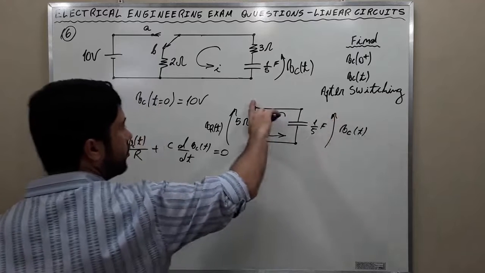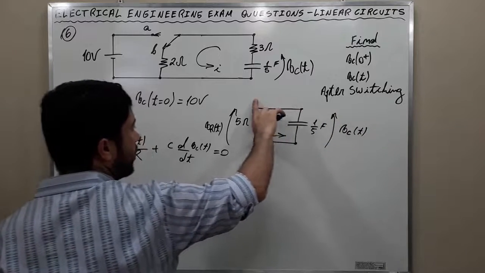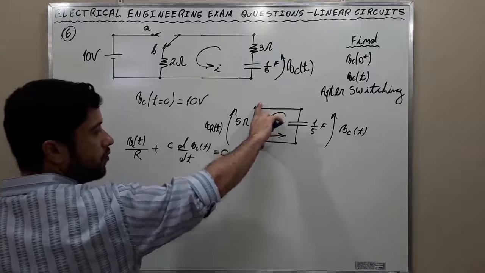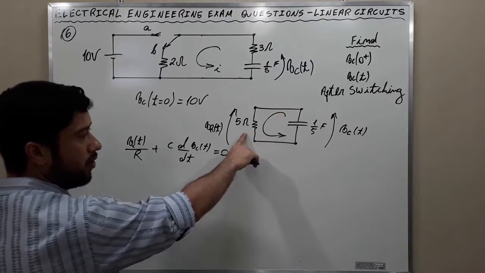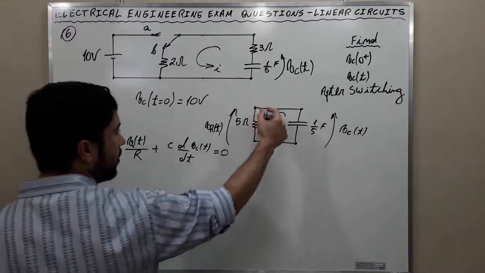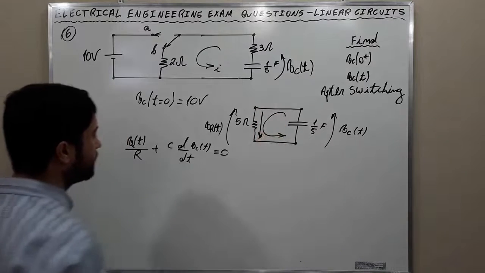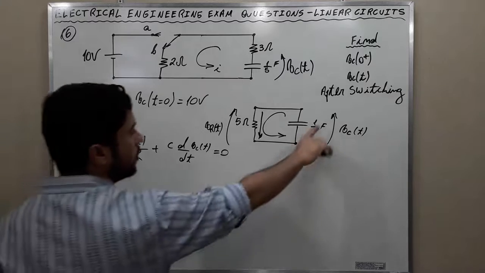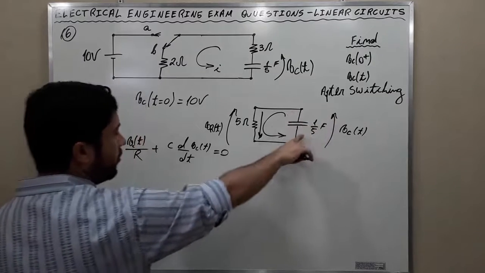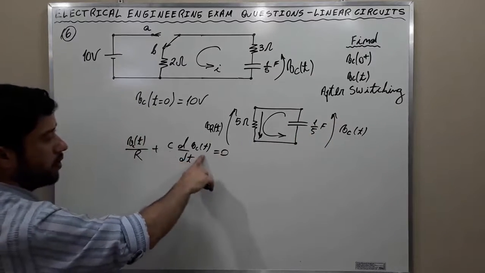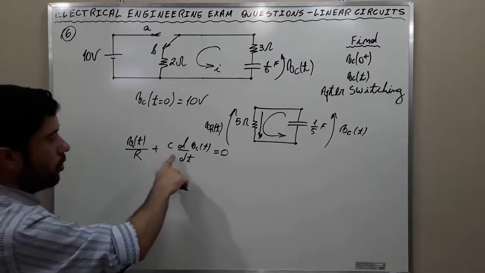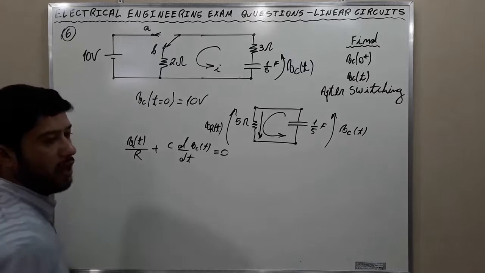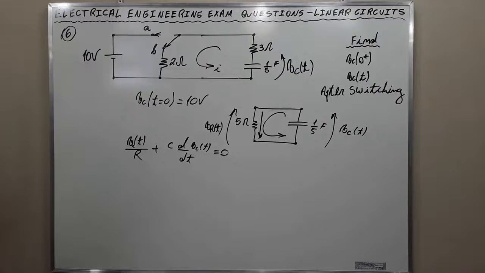The capacitor voltage divided by the resistance is equal to the current here, plus the derivative of the voltage with respect to time, with C as the constant. This has to be equal to 0.